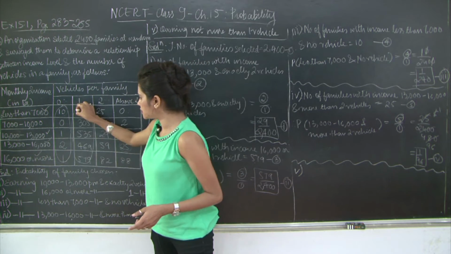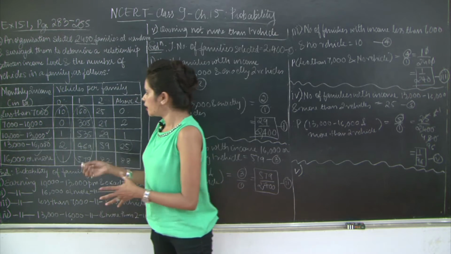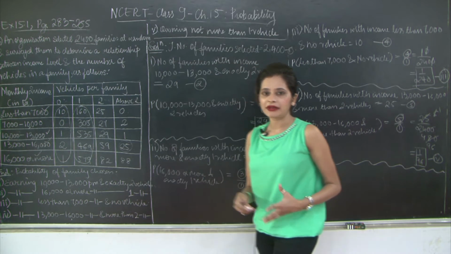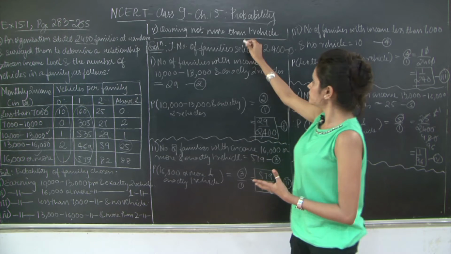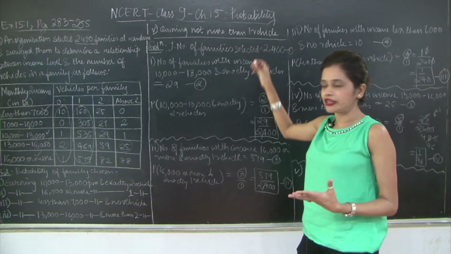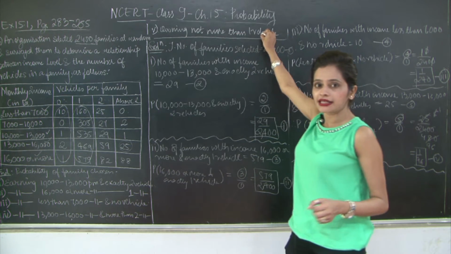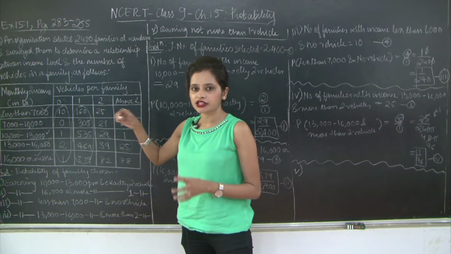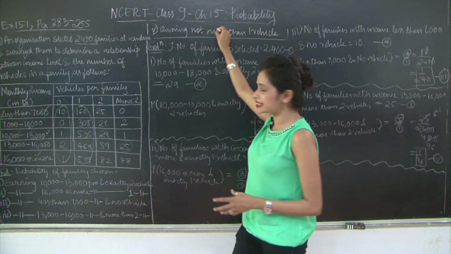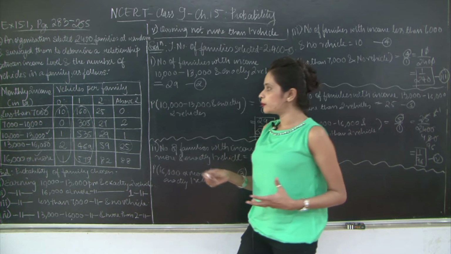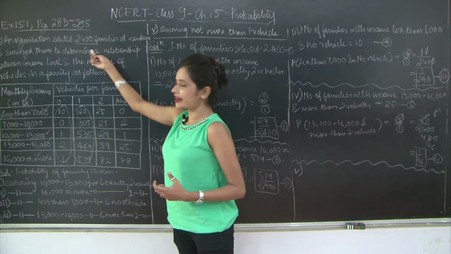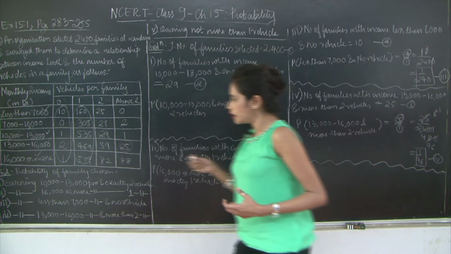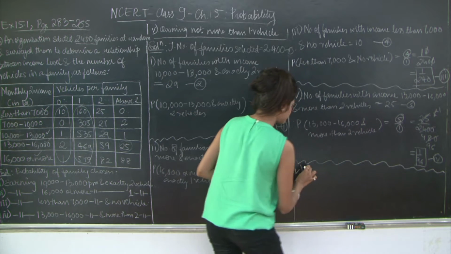The total of this added together will give you the total number of families that have less than or equal to 1 vehicle, right? Not more than 1 vehicle is less than or equal to. So we are going to add these values first. That will give us the total number of families falling under this category, and then we can find the probability by taking the sum divided by the total number of families. So let's write the solution.